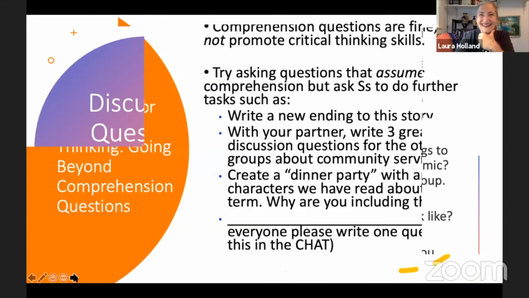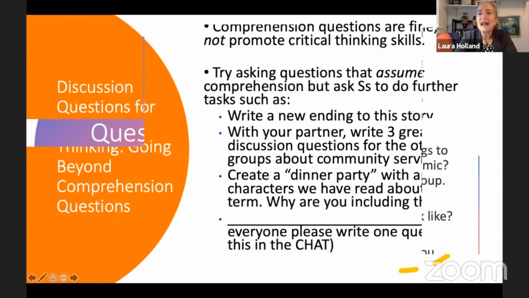All right. So now let's move on. There are so many different things to talk about. I hope I have enough time to talk about it all. Comprehension questions, right? We teachers do a lot of comprehension questions, and they're fine, okay? There's nothing wrong with them, but we need to remember that they do not promote critical thinking skills.